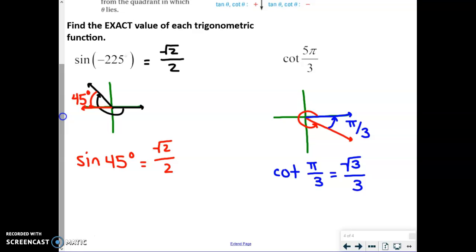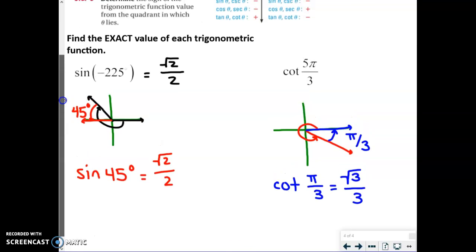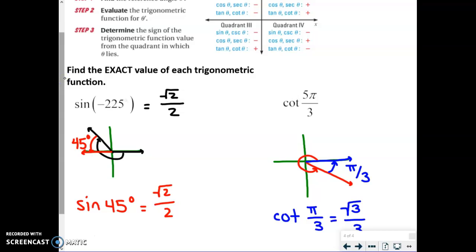So now the last thing that we have to do is we have to look up at our handy dandy chart here. It says in quadrant 4, the cotangent of any angle measure is going to be negative. So in this case, our final answer would be the exact trigonometric value of the cotangent of 5/3 pi would be negative square root of 3 over 3.